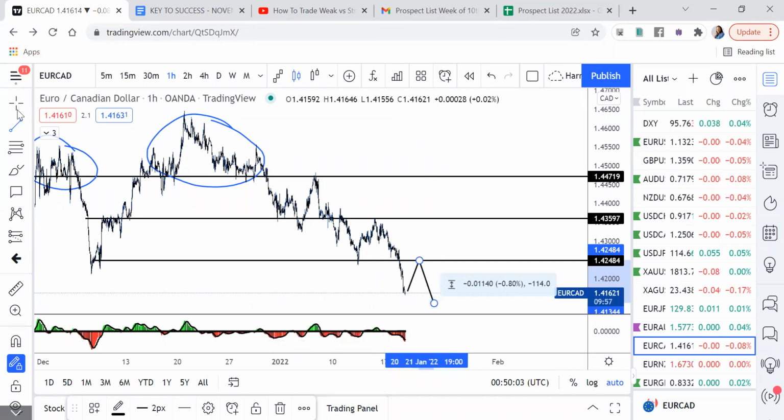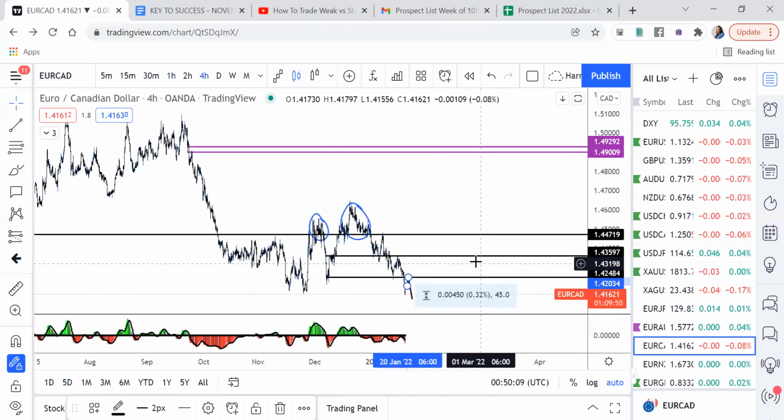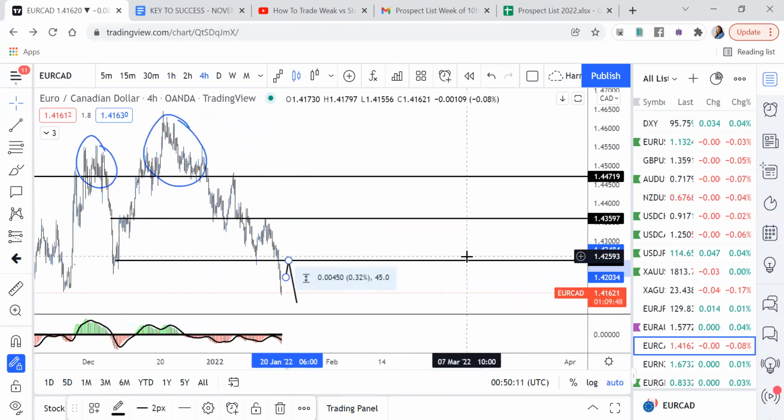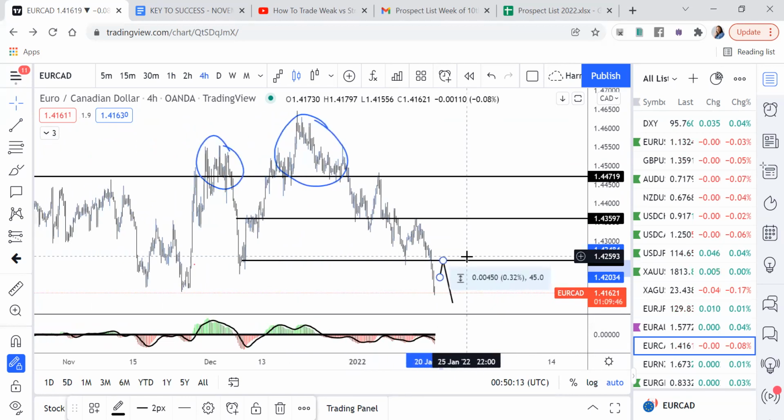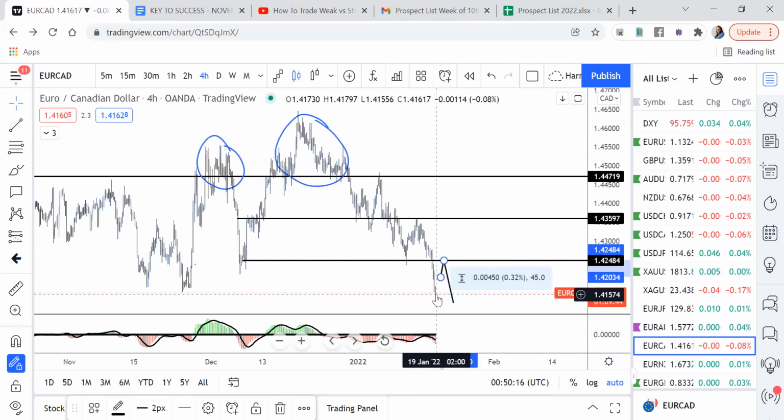All right. Let's see what the 4-hour time frame is telling us. Let's look at the daily.